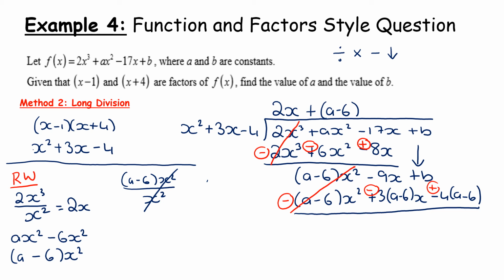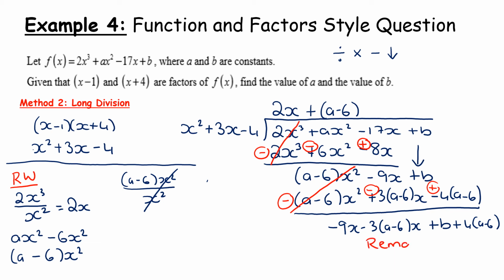So what we have now is, and I'm going to write this out, minus 9x minus 3 times a minus 6x, we can clean it up in a second, plus b plus 4 times a minus 6. Now what we have here is the remainder.